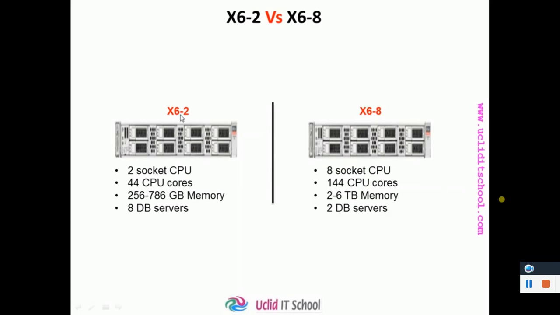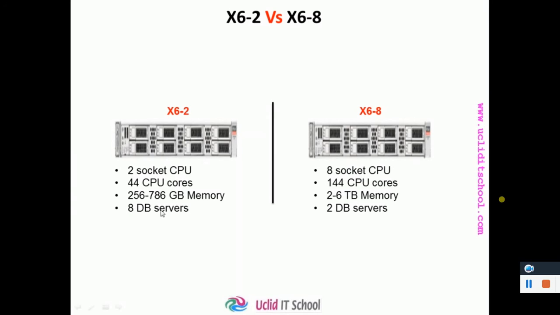In the X6-2 server you have less memory, 256 to 768 GB, whereas in the X6-8 system you will have 2 terabytes, expandable to 6 terabytes.